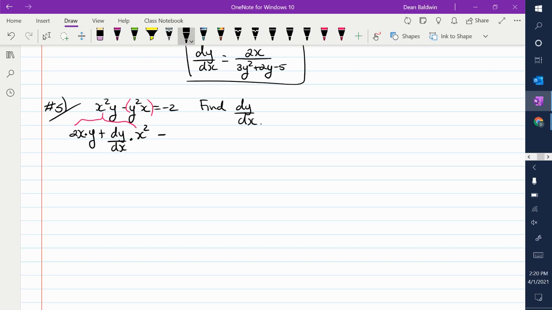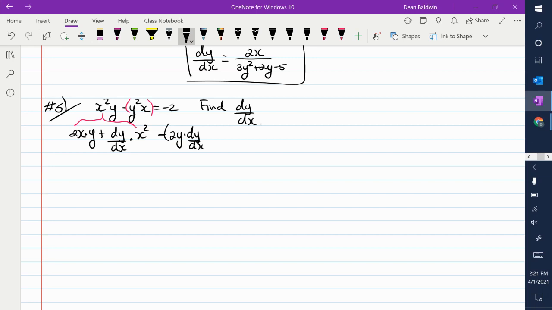Now we're going to do the derivative of everything in here. What rule am I using? Product rule again. So what's the derivative of y squared with respect to x? 2y times dy/dx.